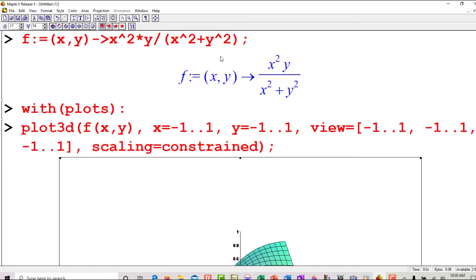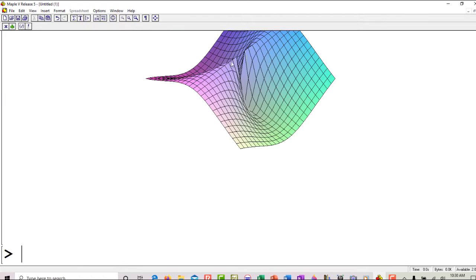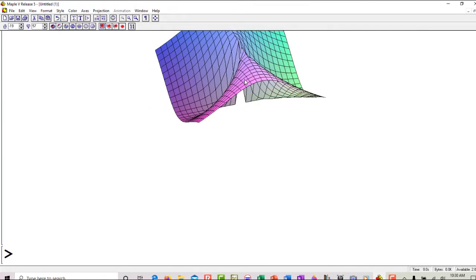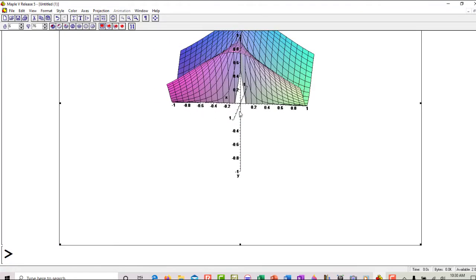If we change this function a little bit and had a quadratic numerator and quadratic denominator, that changes the graph quite a bit too. You can see that as you go towards the origin, let me put the axes back in. There's your origin down here. There's a little gap.